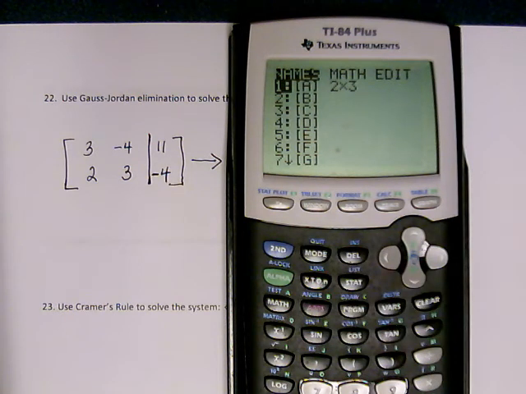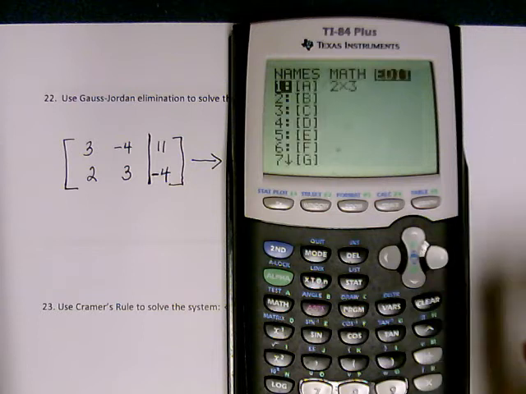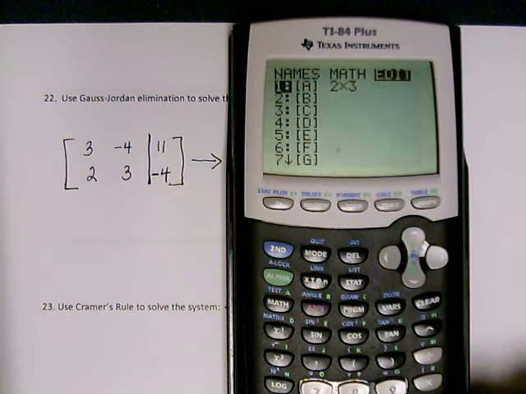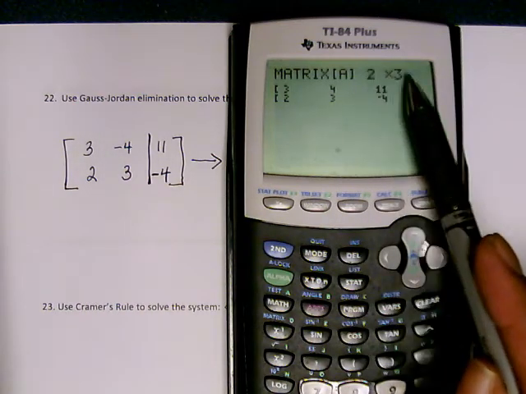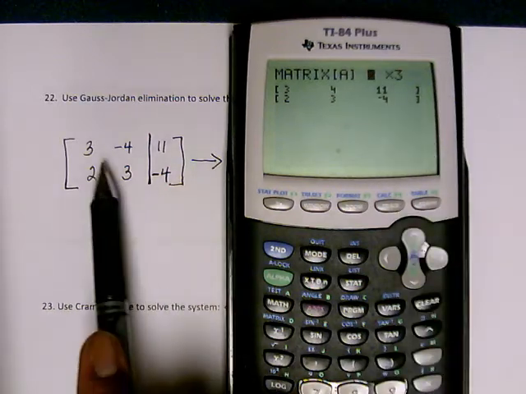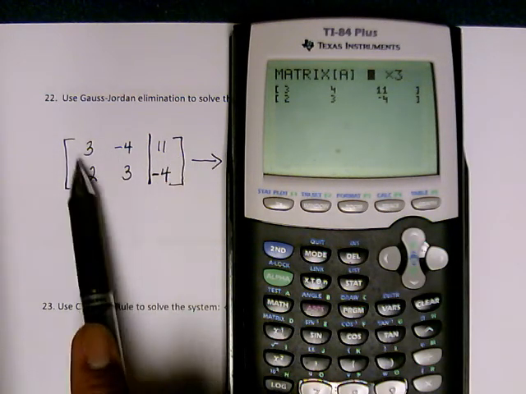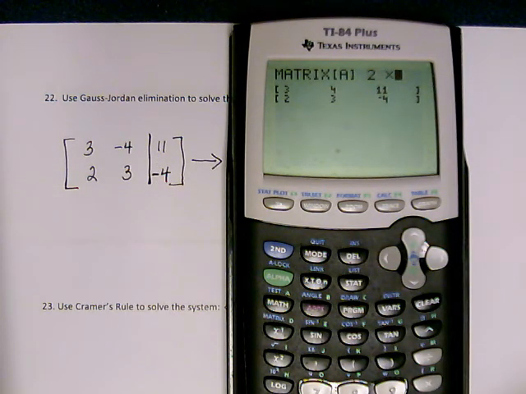Now we're editing this new matrix, so we're going to use our right arrow key to highlight edit, and then we're going to put this in matrix A. So we'll select number 1 for matrix A. In this case, these two numbers represent the dimensions of that matrix, rows and columns. It's a 2-row, 3-column matrix. So we're going to enter the 2 for the row and the 3 for the column.